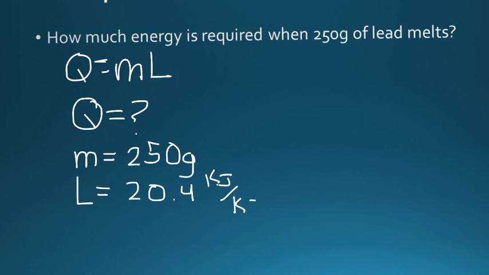per kilogram. So immediately when I see this, I note that my mass is in a different unit than the unit I got from my table, which tells me I need to convert my mass to kilograms. Remember, to convert grams to kilograms, you divide by 1,000 or move your decimal point to the left 3 places. So I end up with 0.250 kilograms.